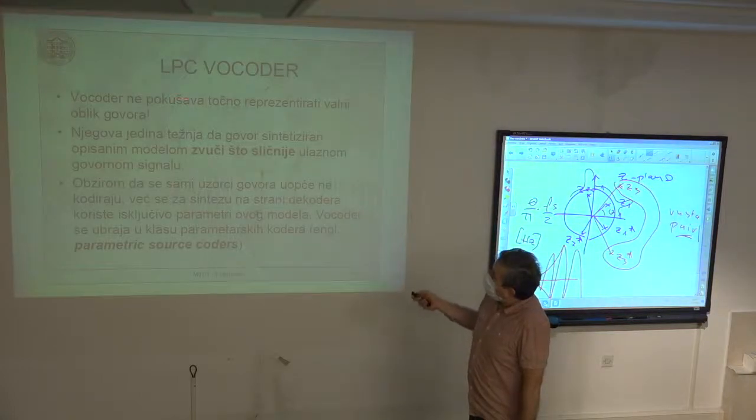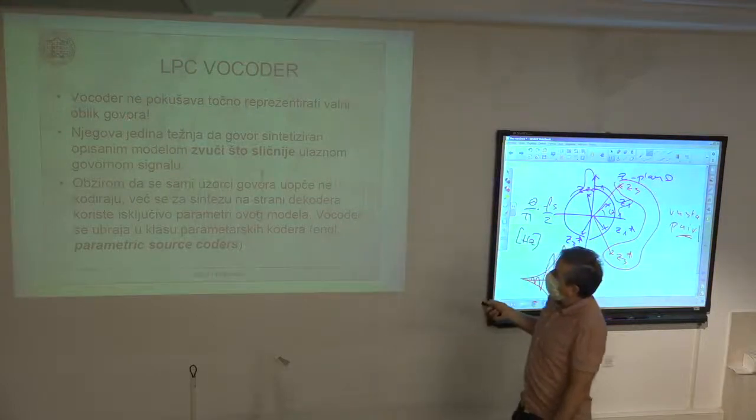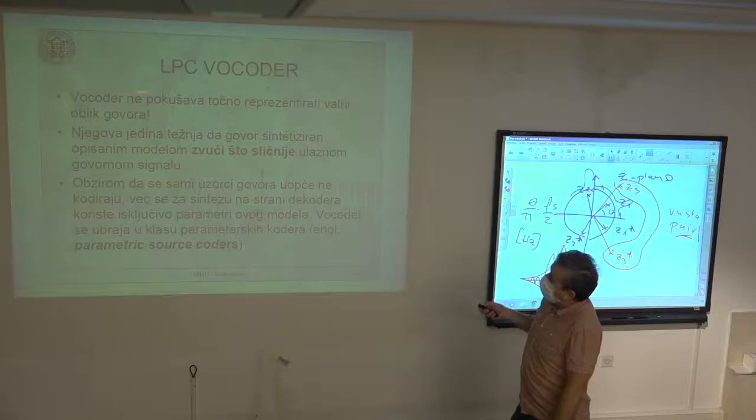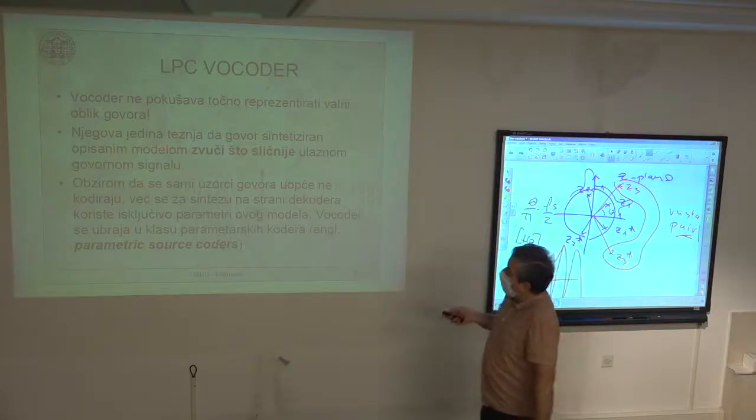And that is the basis of the LPC vocoder. So the LPC vocoder is a system that doesn't try to represent the waveform of the speech. It only tries to have an output signal that sounds similar to the original signal.